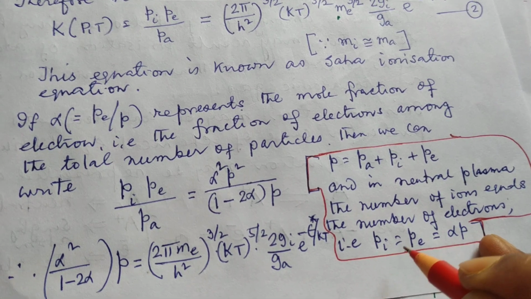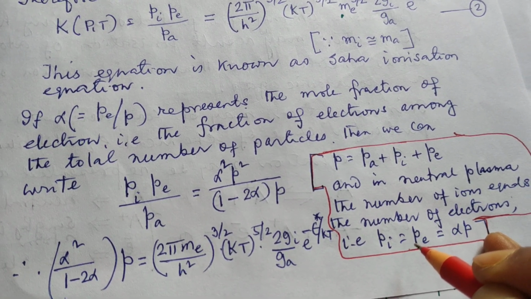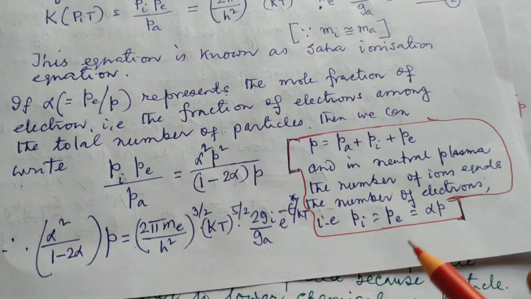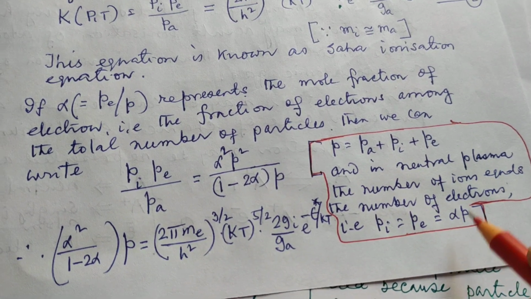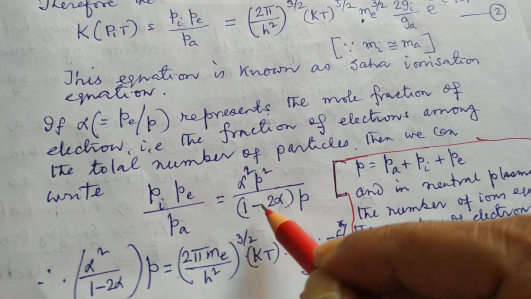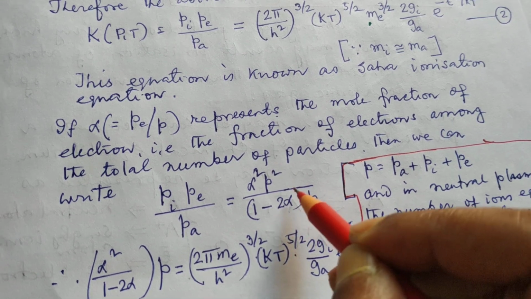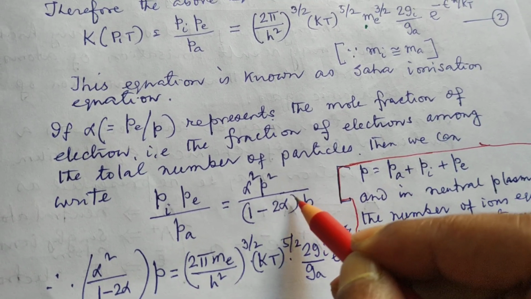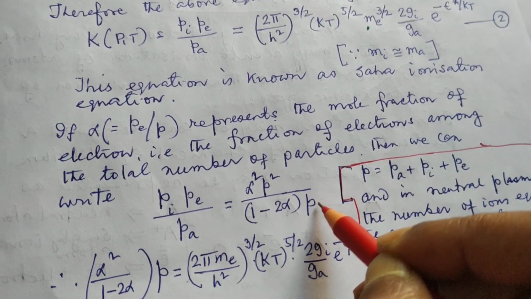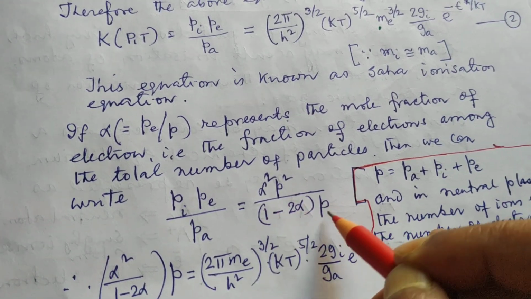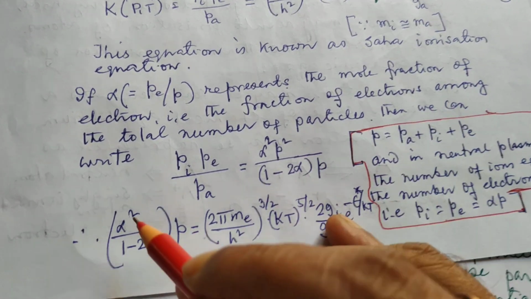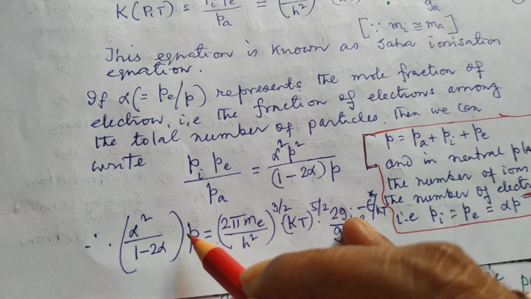Therefore, Pi equals Pe. Now, if Pe equals alpha into P, then Pi will also equal alpha into P. So this is alpha square P square. Now this is 1 minus 2 alpha, the mole fraction of the neutral atom, into the total pressure. This gives the partial pressure of the neutral atom. So we get alpha square into (1 minus 2 alpha) into P.